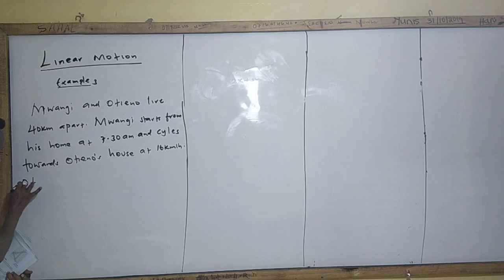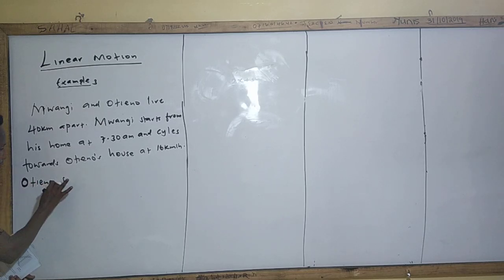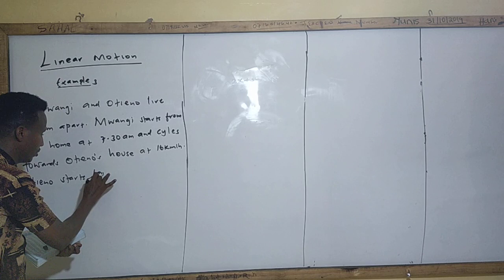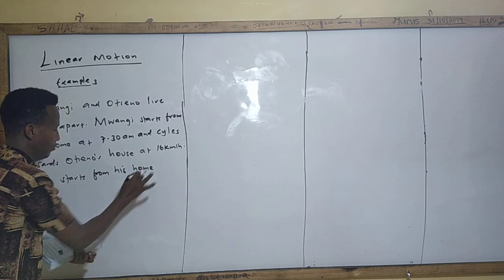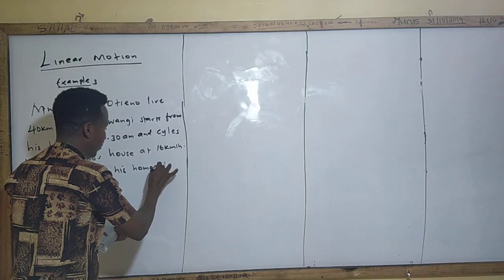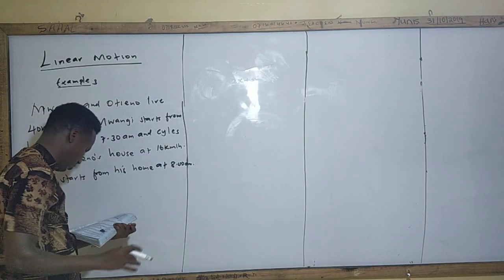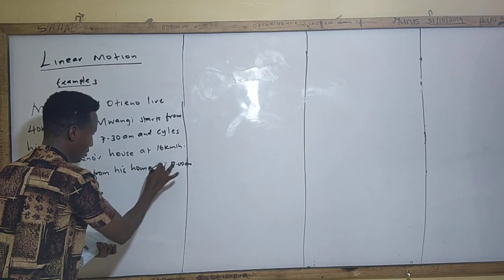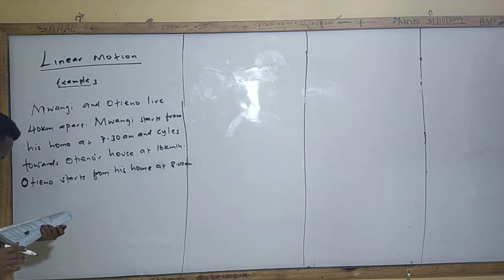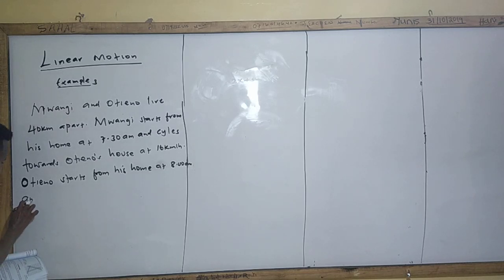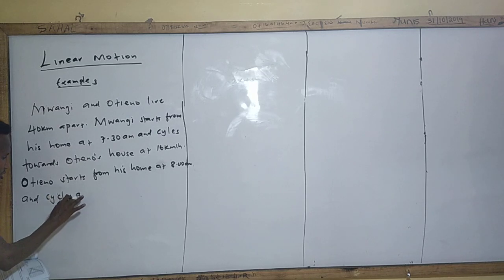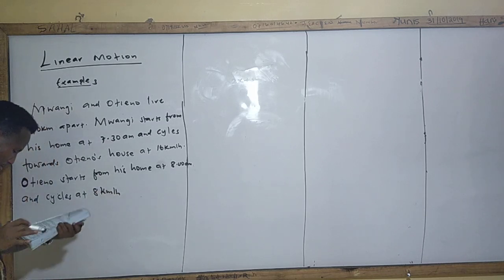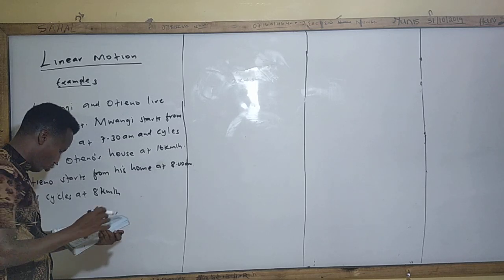Otieno starts from his home at 8 a.m. That's his departure time. I just understand that. And cycles at 8 kilometers per hour towards Mwangi's.